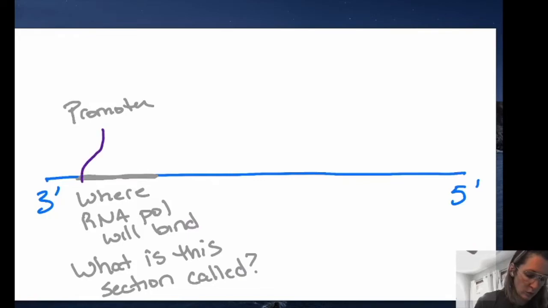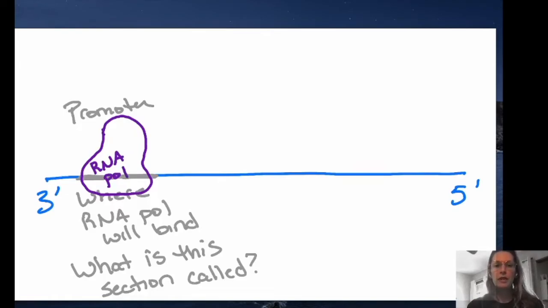Here we go. Here's our RNA polymerase. It comes and binds the promoter, and as you know from earlier videos, specifically the consensus sequence within the promoter. That's the specific part that it identifies. And then it's going to move this direction, okay?